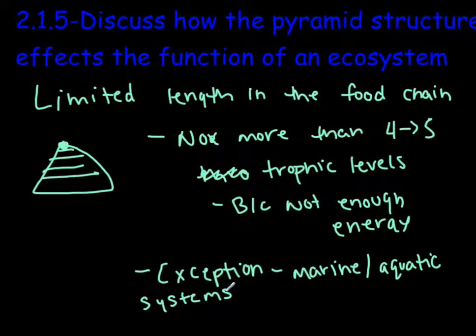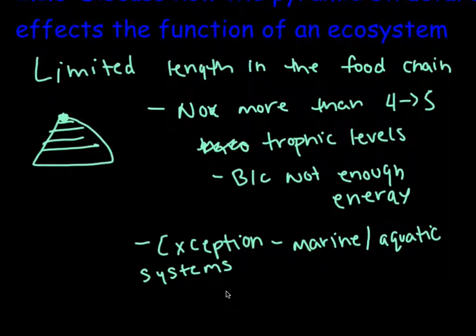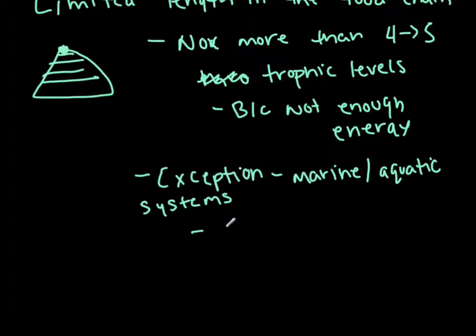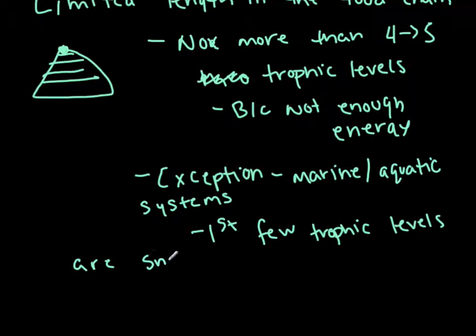And the reason for that is the first few trophic levels are either really small or there's very little structure to them, like the algae. It can keep growing and growing. It doesn't need a whole lot of space, so it can support quite a bit.